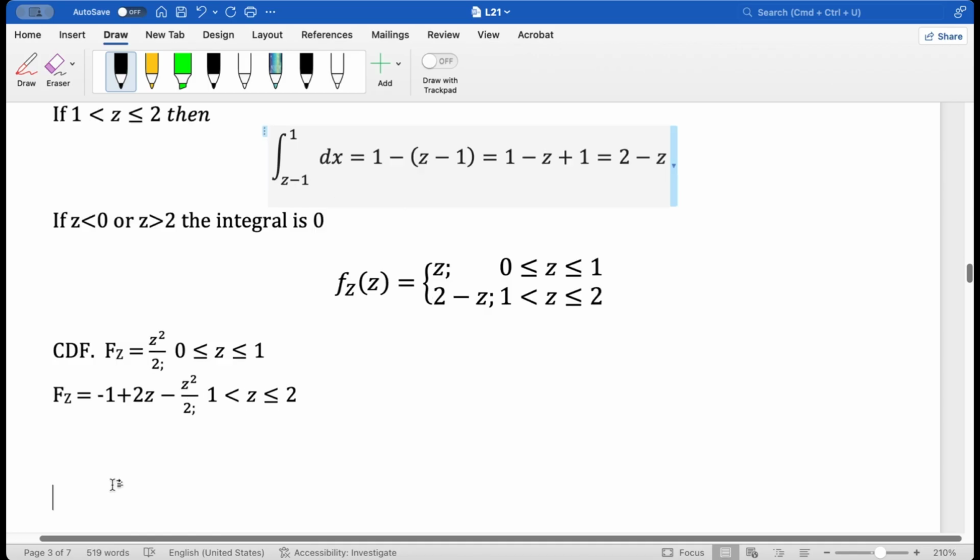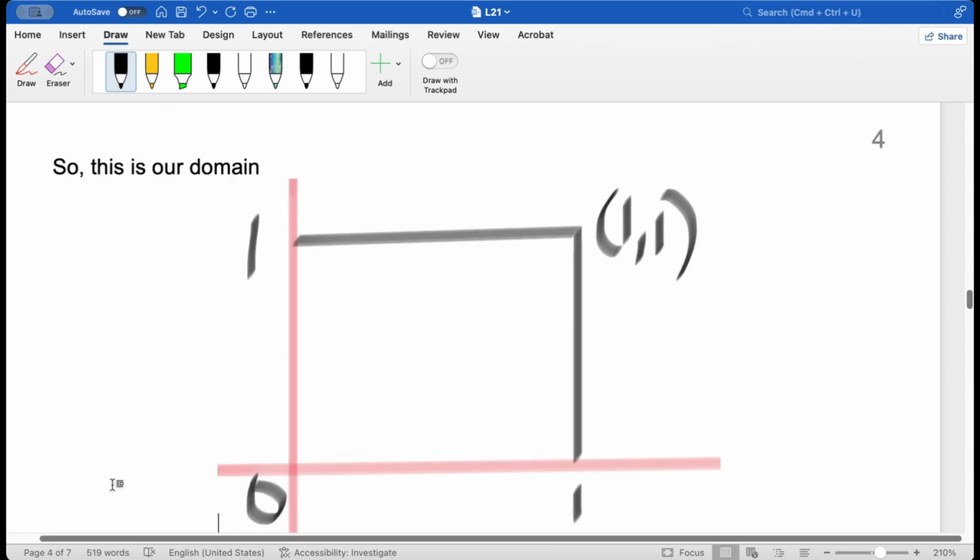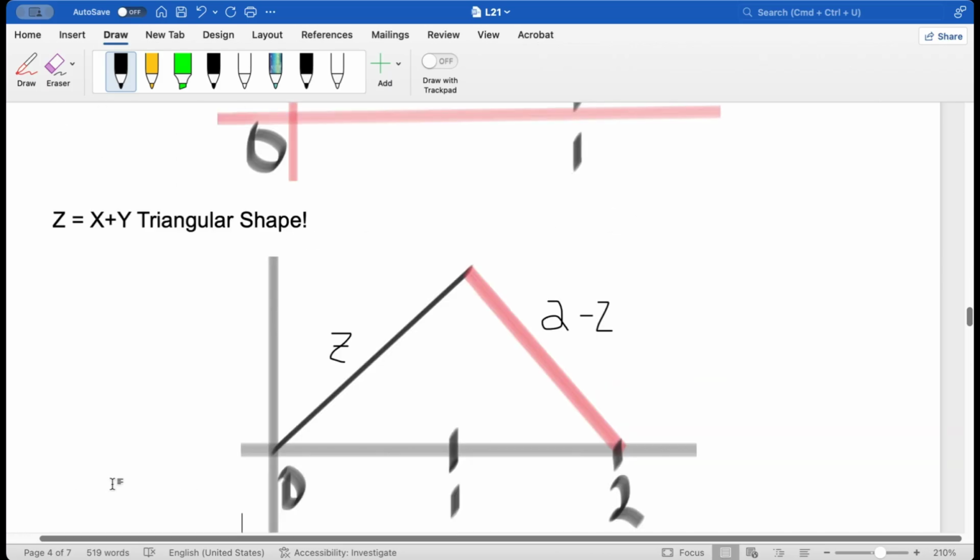So what does this density look like? So the original expression here, each one individually, was on 0, 1 with a constant distribution. This case here, it's a height of 1. Now the density of the sum, it's going to be triangular, as we saw in the discrete case. We have the z portion here from 0 to 1, and then we have the 2 minus z portion, which represents a slope of -1.